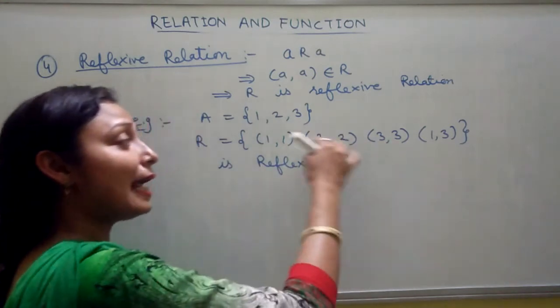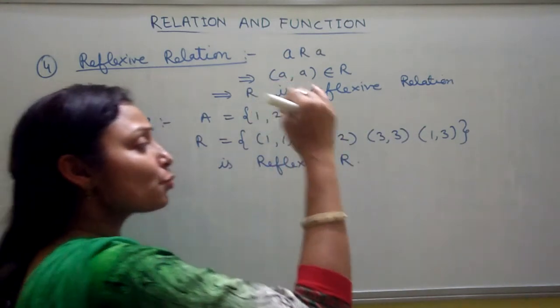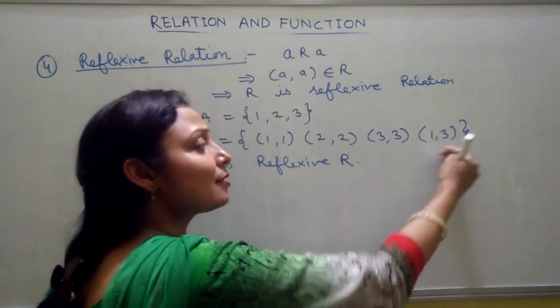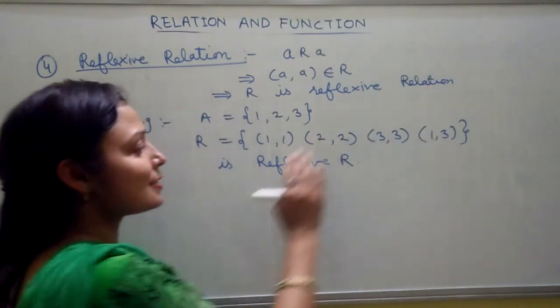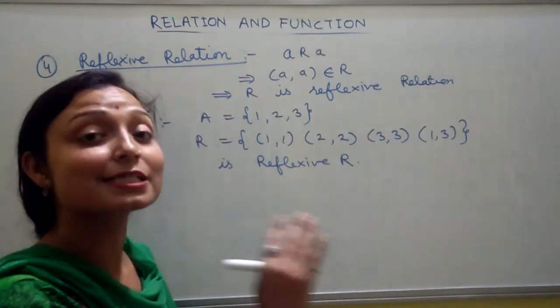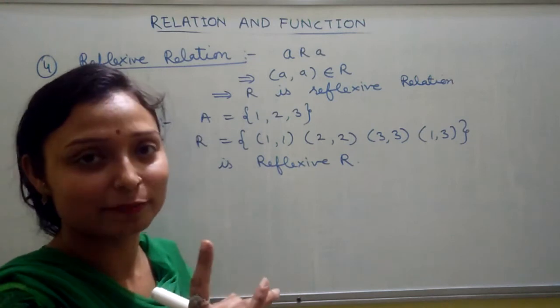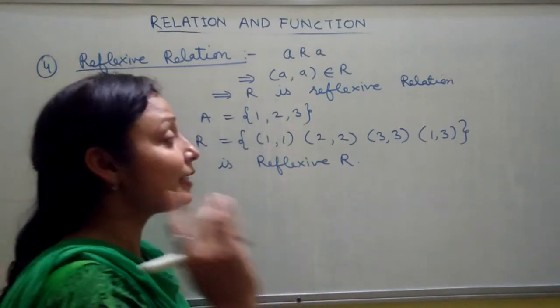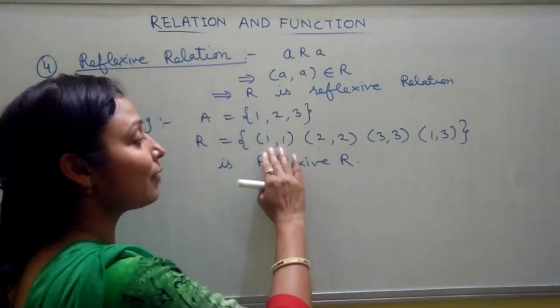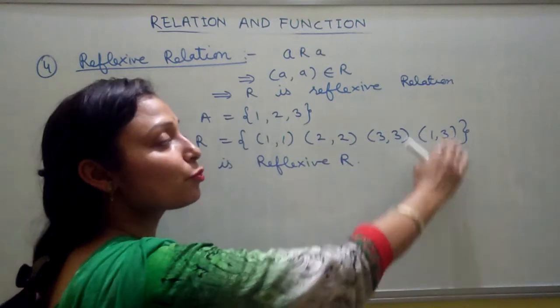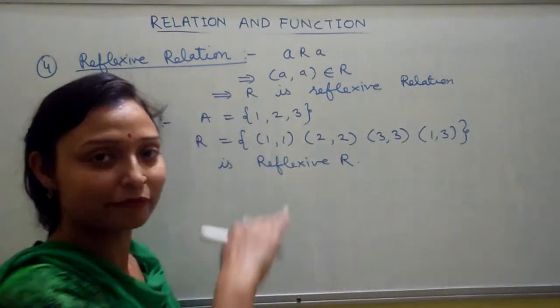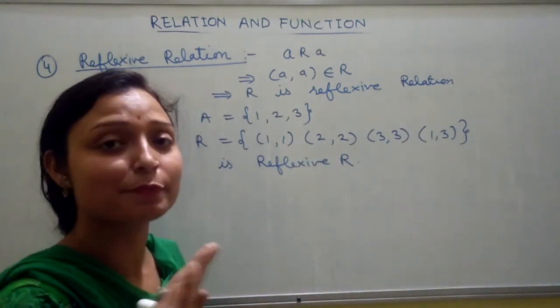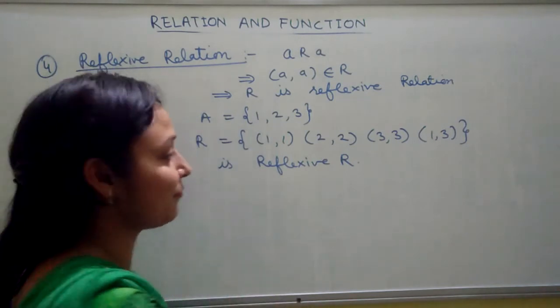It is compulsory. Except these, there can be many ordered pairs in reflexive, but it is not possible in identity relation. Identity relation wants only (1, 1), (2, 2) and (3, 3), not (1, 3). This is the basic difference between identity and reflexive relation.